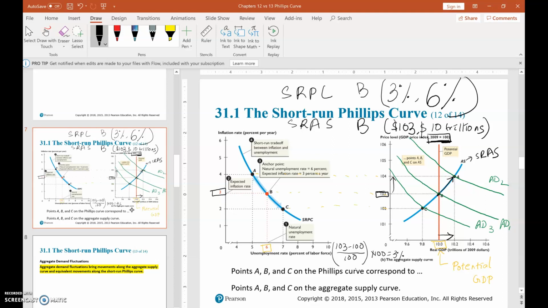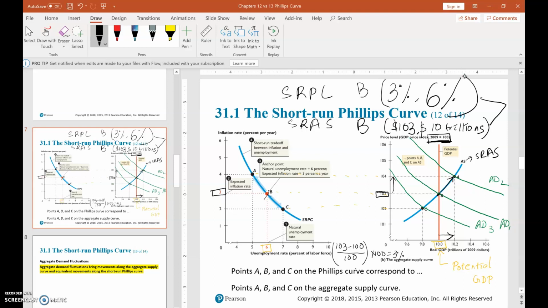The inflation rate is 3%, which is the expected inflation rate. The natural rate of unemployment at this point is 6%. This natural rate of unemployment is related to the potential gross domestic product, which is 10 trillion.